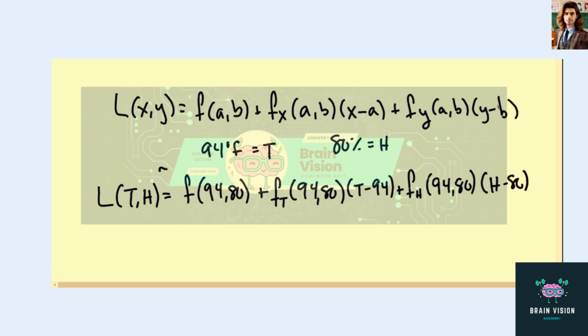And of course, if this is our linear approximation, then this would also be roughly equal to our function at that same point. So from the table, finally getting into what we need the table for, we have f of 94 and 80 is equal to 127.